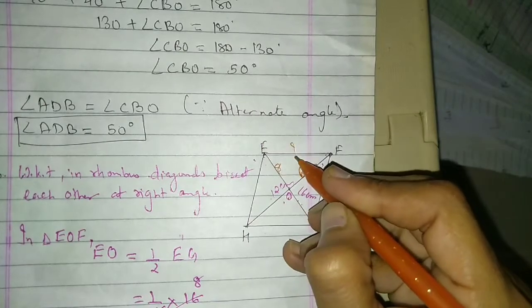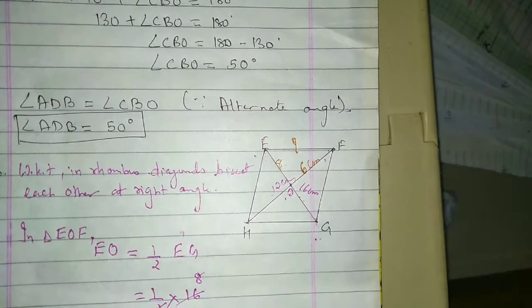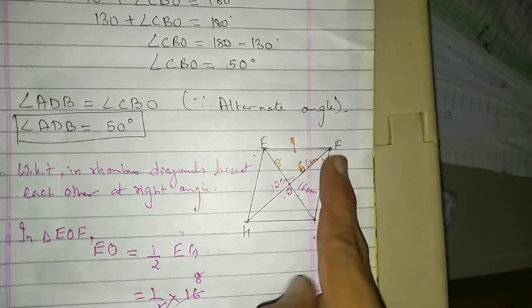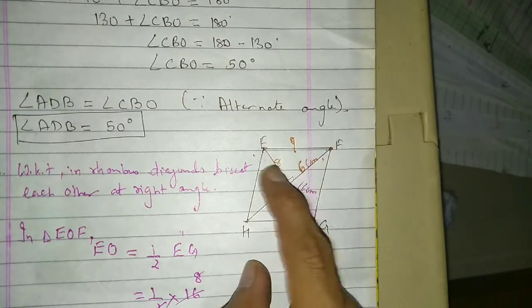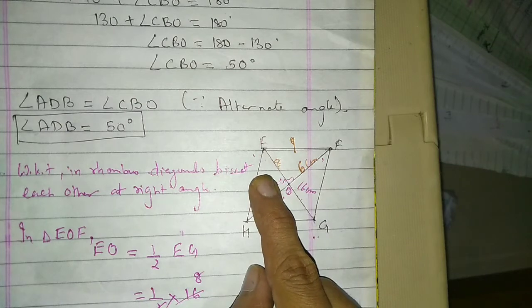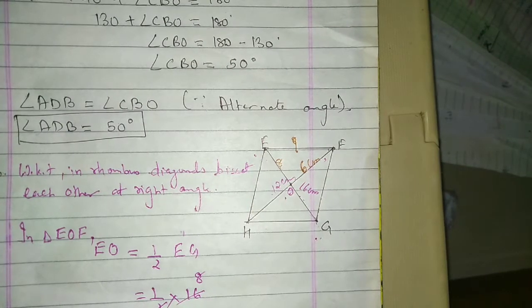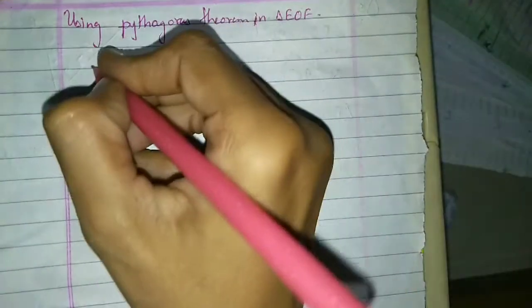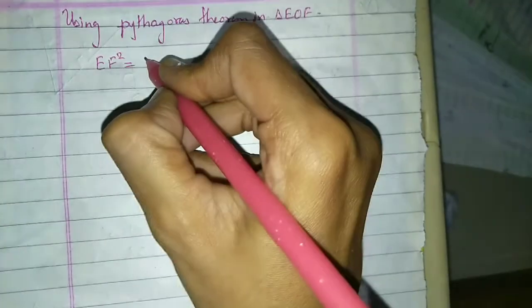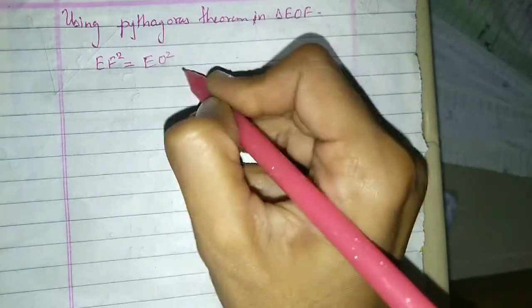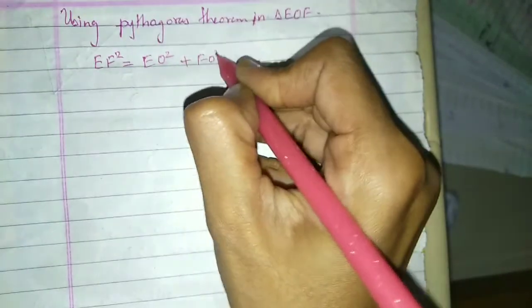Now we have to find this one. By using Pythagoras theorem, we can find this hypotenuse because it is 90 degree. This is called the hypotenuse. Two sides of the triangle we know. So using Pythagoras theorem in triangle EOF, EF square, hypotenuse square, equal to EO square plus FO square.